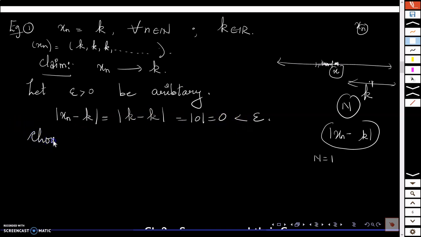So for n equal to 1, the difference xn minus k is already less than epsilon. So I will choose capital N to be equal to 1. You can pick any natural number here. If this N works, then any natural number bigger than this N will also work. Okay.